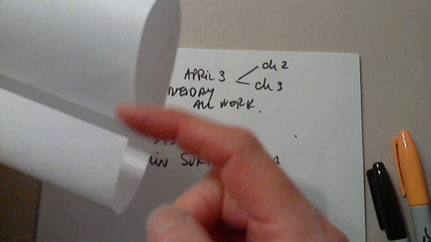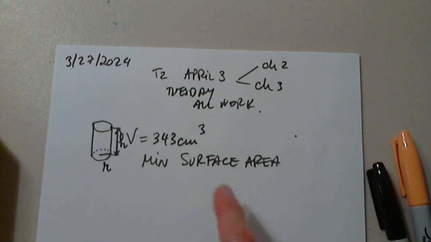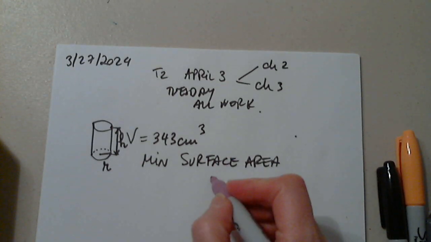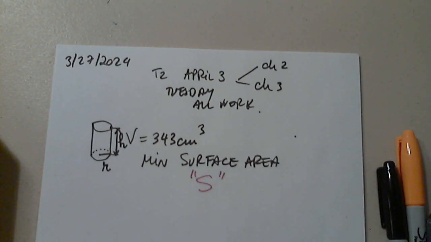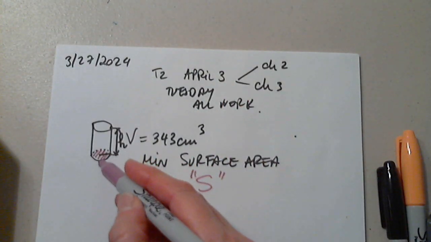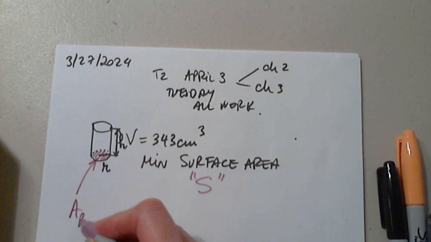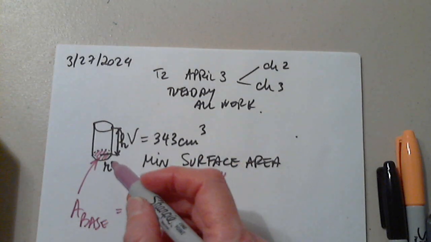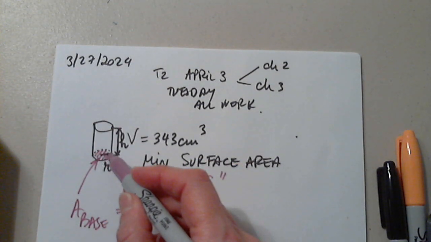The reason I'm talking about all this is because we have to find a function that represents the surface area. So the surface, S. This is the cylinder, and the surface area is all around it, including the base. So I know that the area of the base, anybody remembers the area of a circle with a radius R?